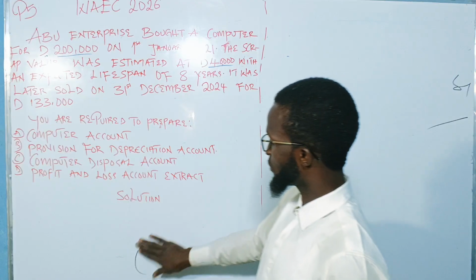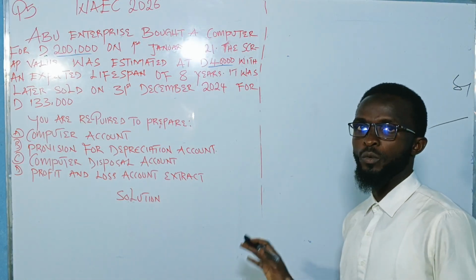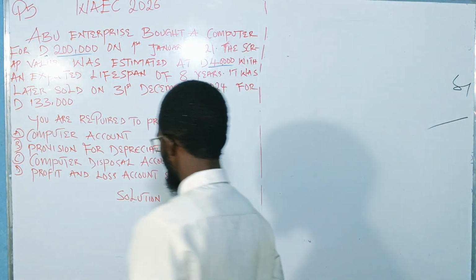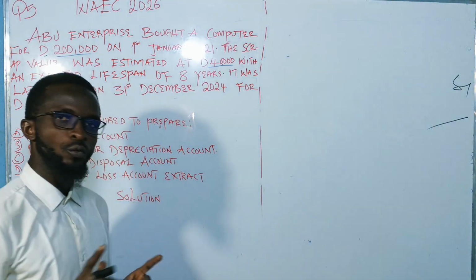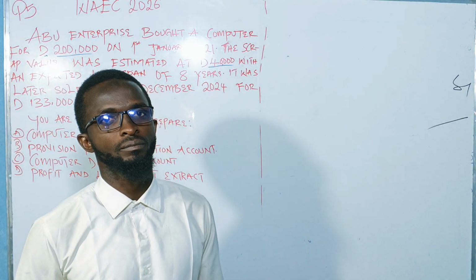So these are the things we are required to prepare for this particular question. Let's dive straight into the solution. The first thing we need to do is determine the annual depreciation.